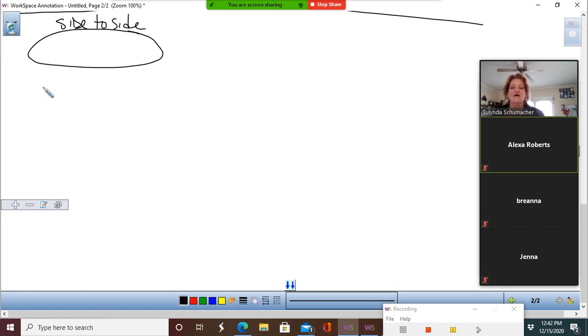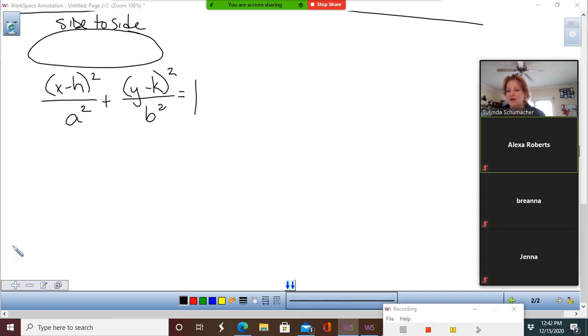Side to side. Our equation to begin with is x minus h squared over a squared plus y minus k squared over b squared equals 1. That's the equation we've been talking about. So, our center is at (h, k).